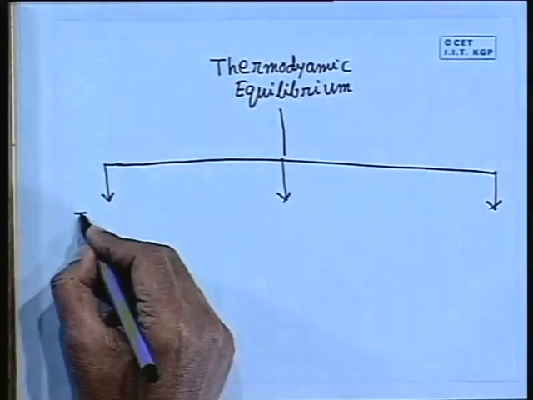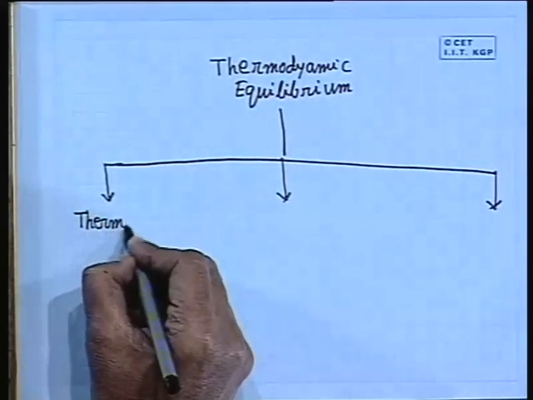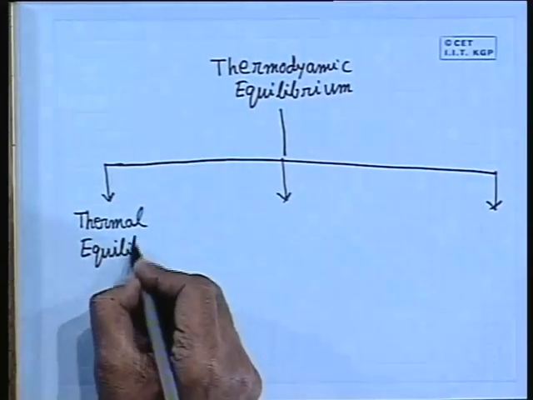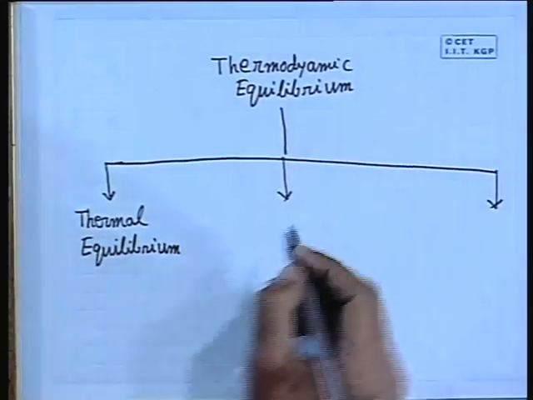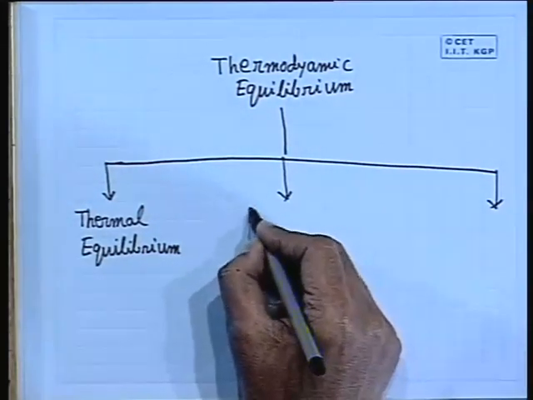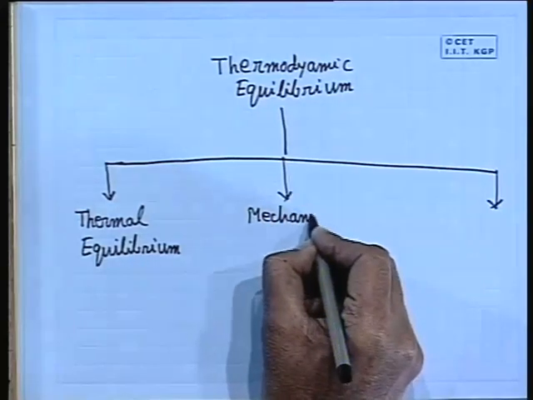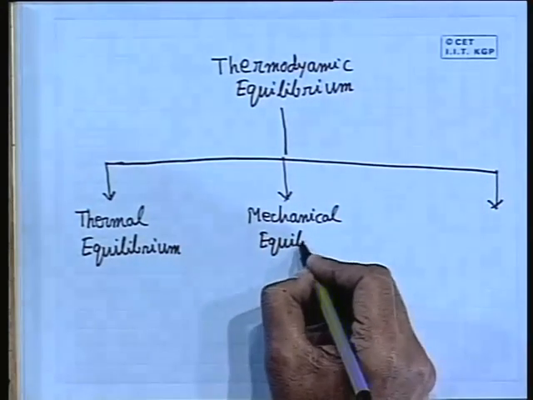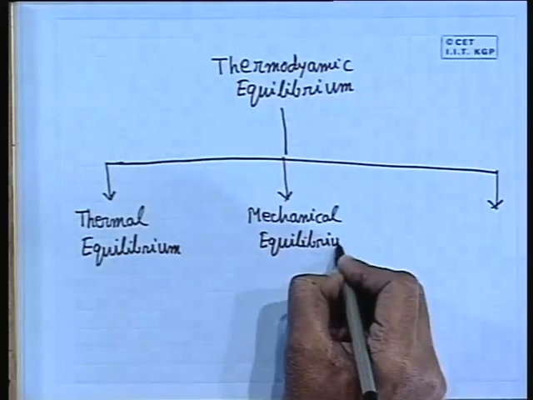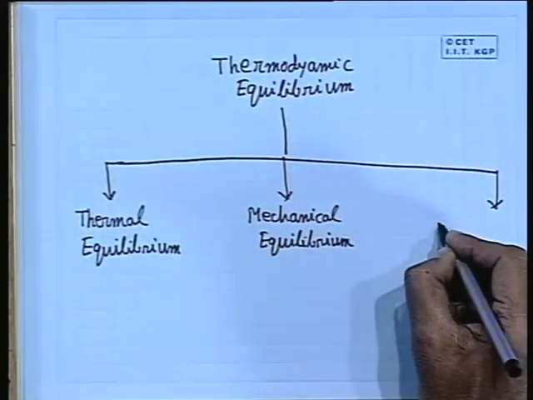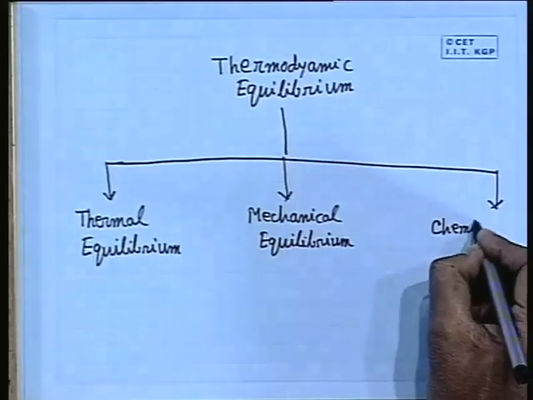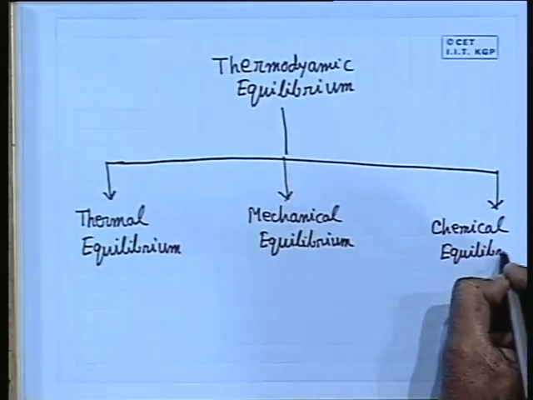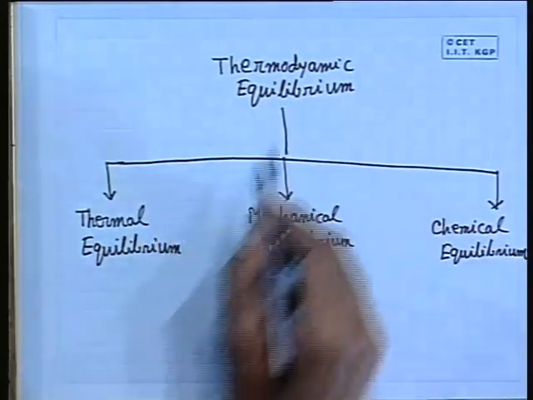One is thermal equilibrium, another is mechanical equilibrium, another is chemical equilibrium. These three equilibria have to be maintained simultaneously to have thermodynamic equilibrium.